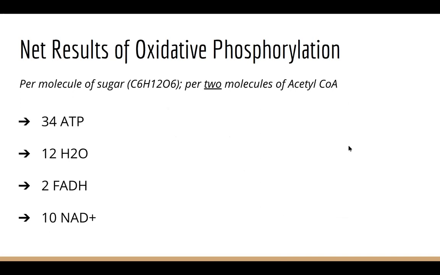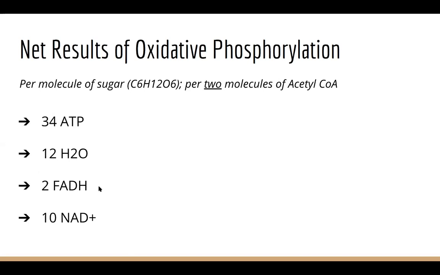And here we have our net results. This isn't what happens from all cellular respiration. This is just oxidative phosphorylation, so that ETC and ATP synthase. So you will get 34 molecules of ATP, 12 molecules of H2O water, 2 FADH, and 10 NAD+.